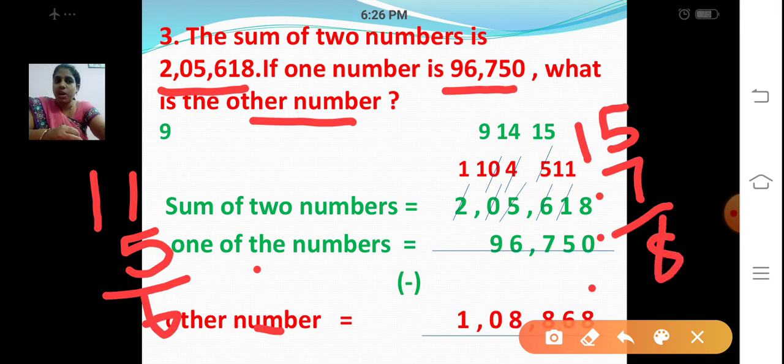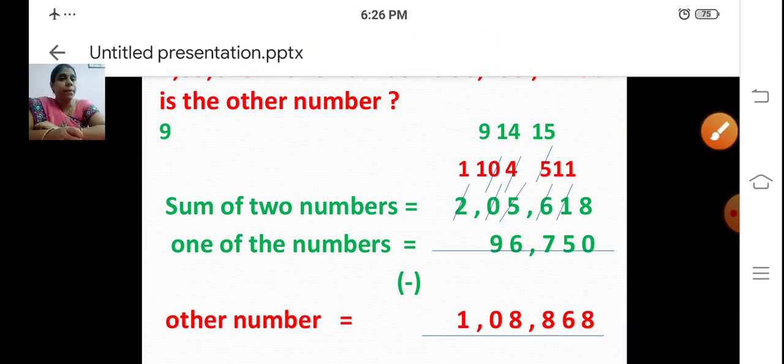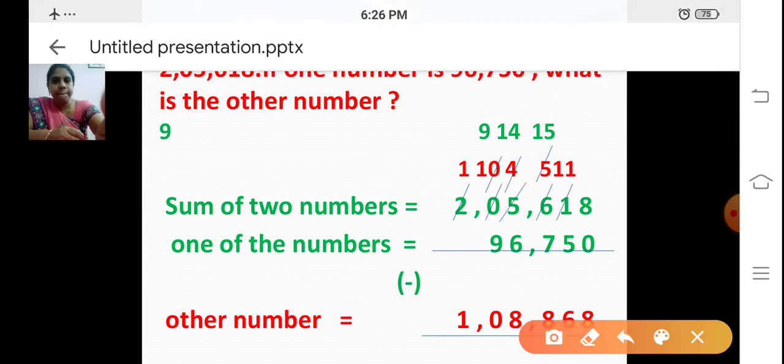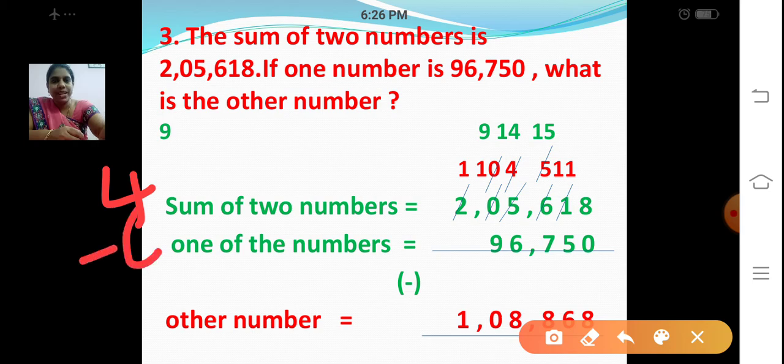Now let's move on to the thousands place. What number you are having in the thousands place? 4. 4 minus 6, is it possible? Can you subtract 4 minus 6? Again you have to borrow. Now can you borrow from 0? The next number, the 10,000 place, is 0. Can we borrow from 0? We cannot borrow.